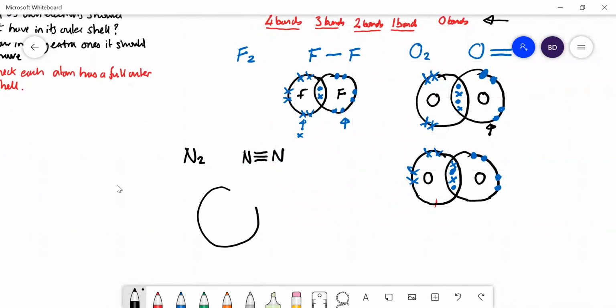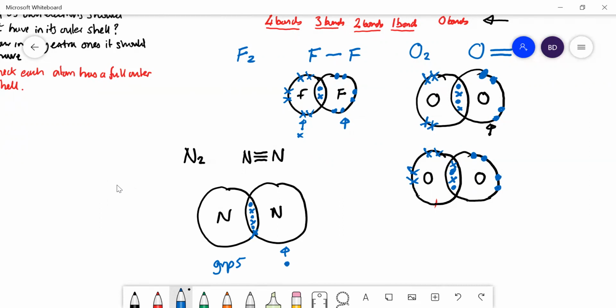Okay, so in the overlap, because it's a triple bond, we don't just put a dot and a cross, we just about squeeze that in there. So you've got 6 electrons in there. Now nitrogen is in group 5. This one I have drawn as dots.